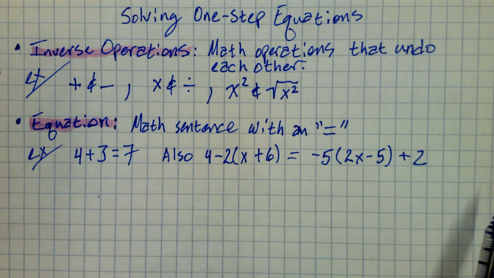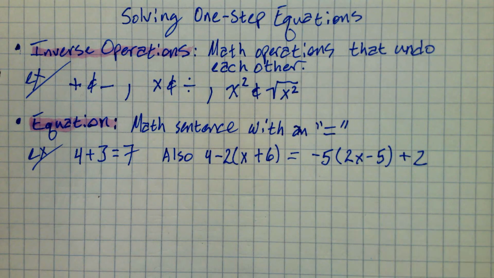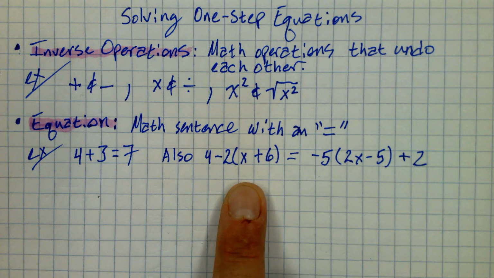This is also an equation. It's got a lot more stuff, right? And we're going to learn by the end how to perform the correct steps on this equation so that we figure out what is the answer for x. And the answer for x is what we call the solution.